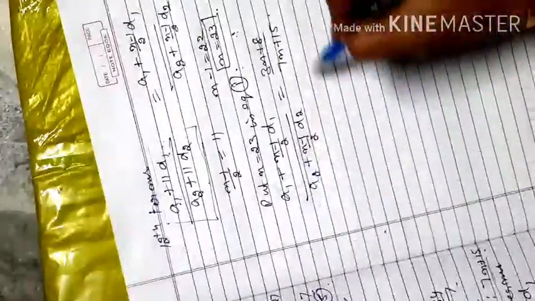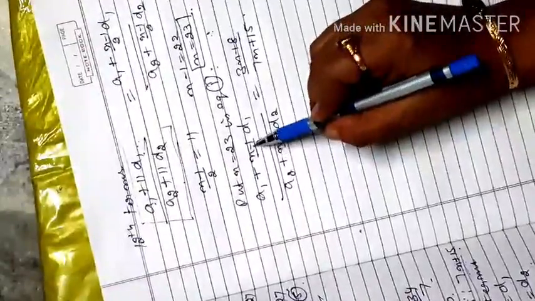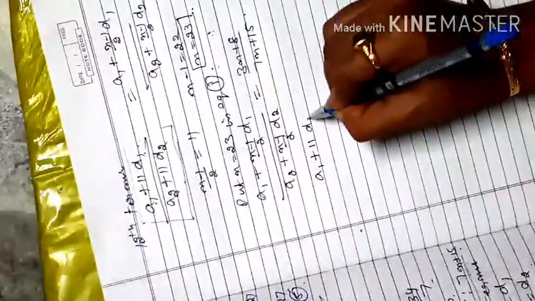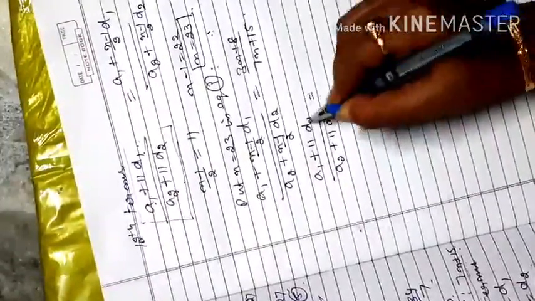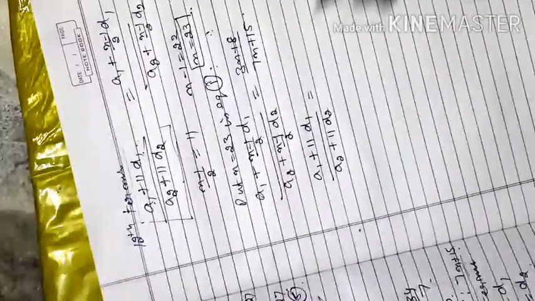Now I replace n with 23. 23 minus 1 is 22, by 2 gives me 11. a1 plus 11 d1, similarly a2 plus 11 d2. Automatically I get the ratio of the 12th term of both series.